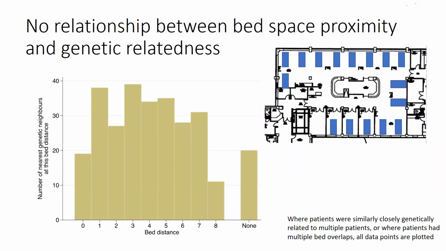Taking you back to our layout of the unit, what we did was to say, well, if you went round it clockwise or anti-clockwise and you said, who's in the next door bed to me? If they have Candida auris, are they more likely to be genetically related than someone on the opposite side of the ward? And it turns out there was no relationship at all between where you were on the unit and how likely you were to be closely genetically related to another case.